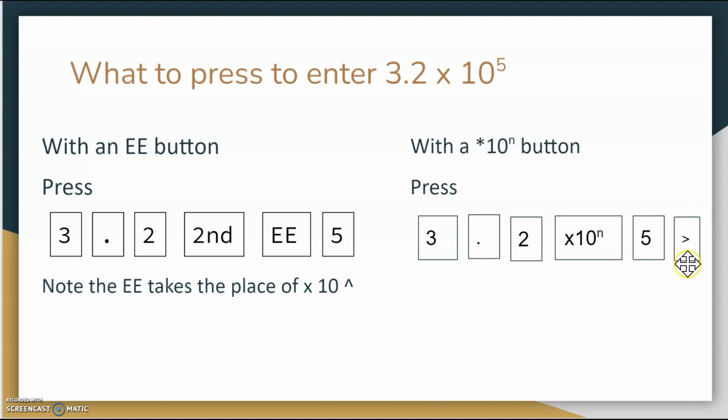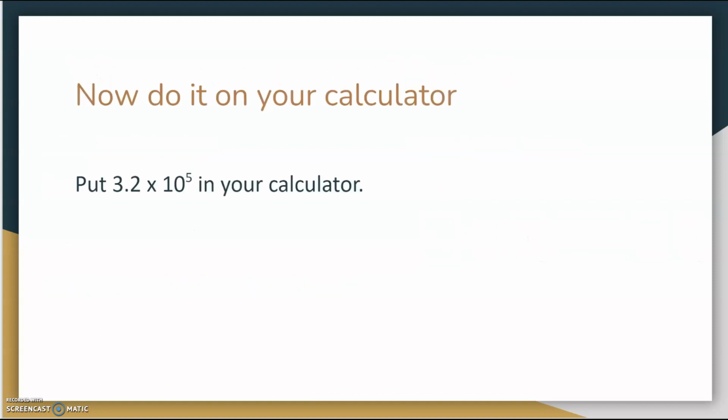So I have to get out of the exponent spot and push that to the right. So now the next number I calculate will not go into the exponents. So do that on your calculator.